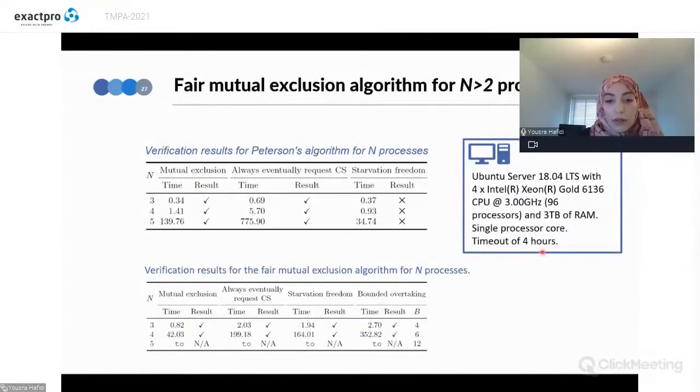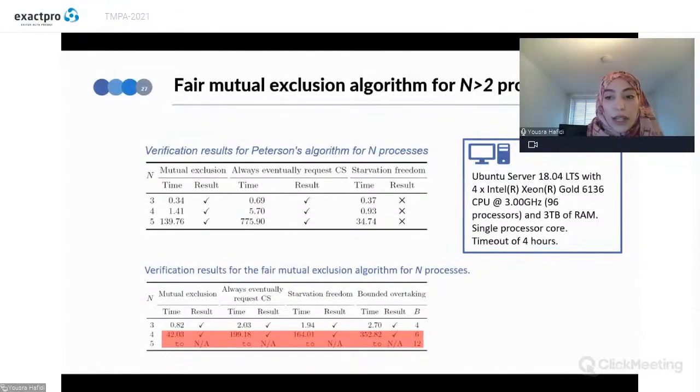We used a timeout of 4 hours, but since the algorithm is really complex, we ran into the state explosion problem, of course. Like you can see here the time, how it explodes, and for 5 processes it is more than 4 hours.